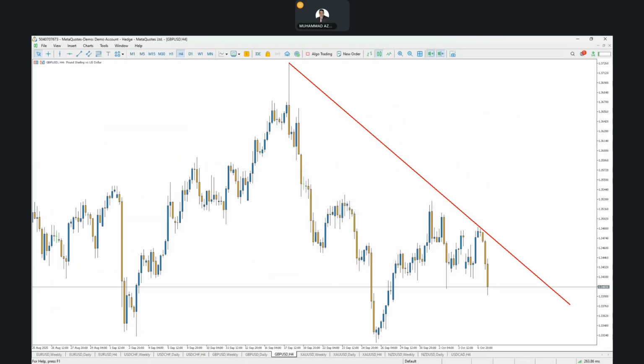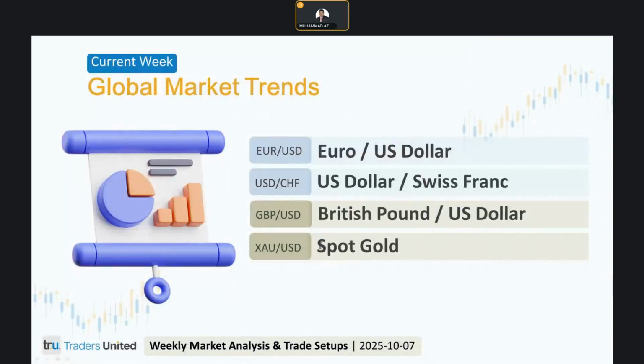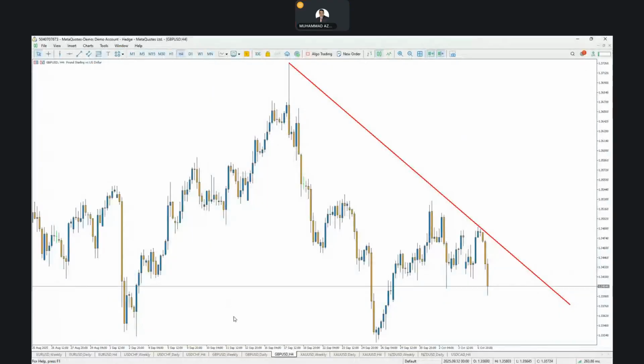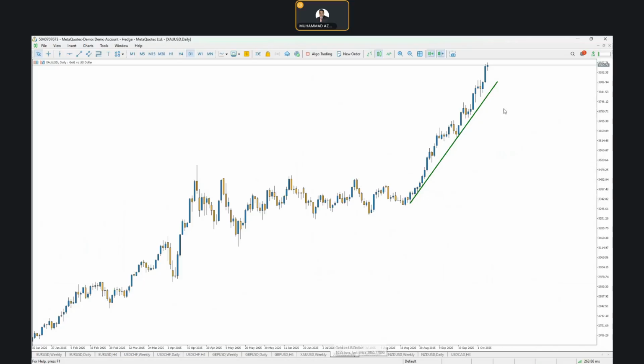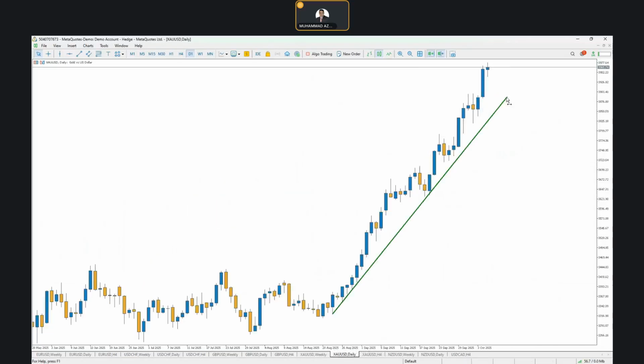Okay. Next one is the spot gold. Spot gold trend is bullish. This is the weekly chart, then go over to a daily, same story. Inside daily time frame, the trend is up over here. You can notice it with the help of this bullish trend line.